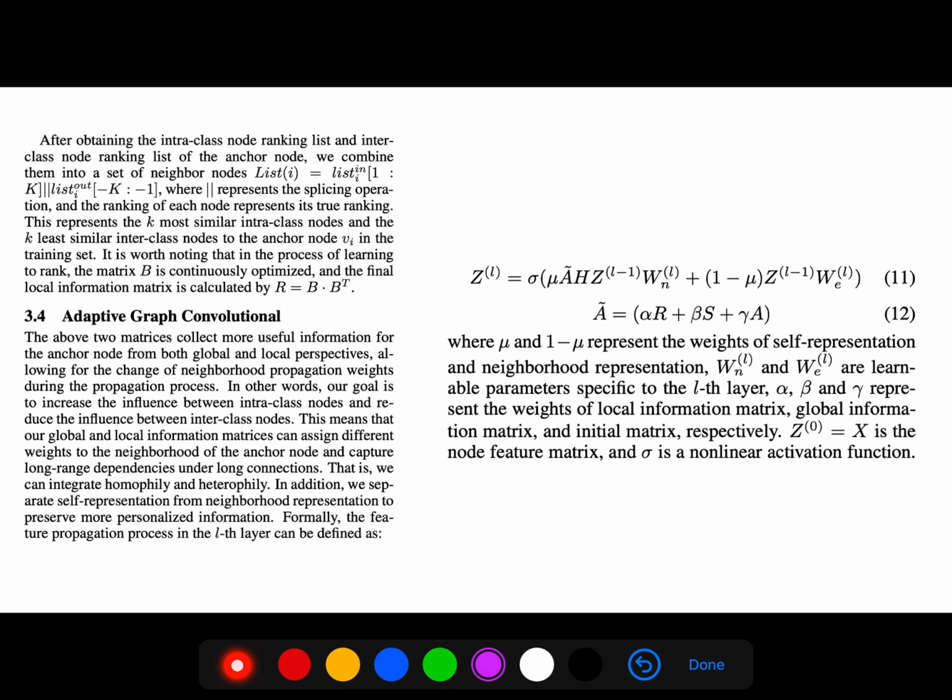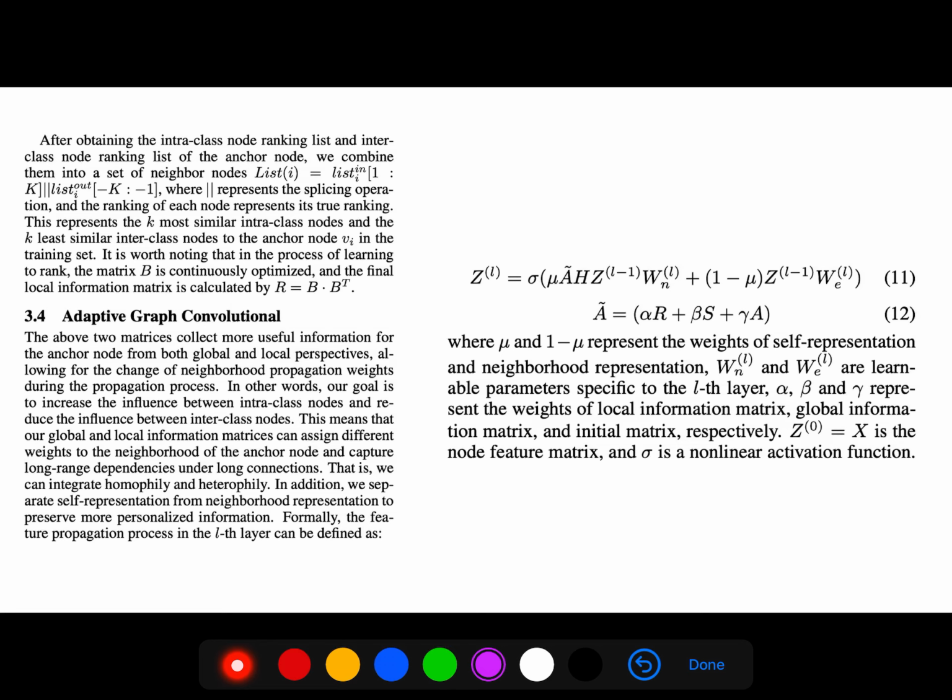In other words, our goal is to increase the influence between intra-class nodes and reduce the influence between inter-class nodes. This means that our global and local information matrices can assign different weights to the neighborhood of the anchor node and capture long-range dependencies on the long connections. So we can integrate homophily and heterophily.